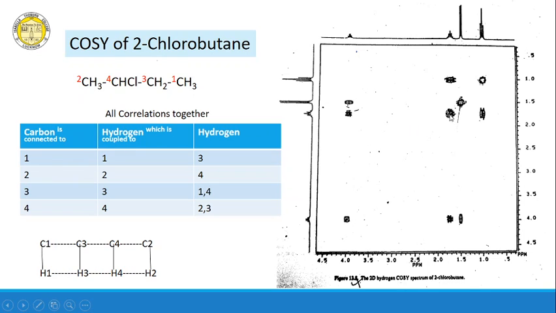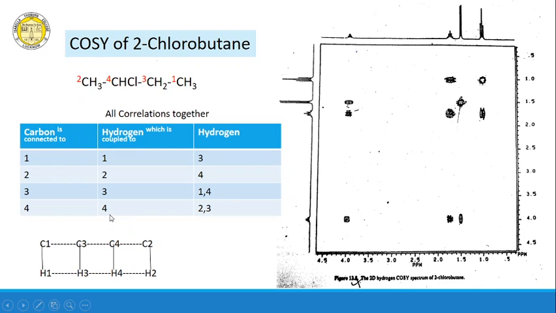And I can also see that the third proton, if I move this side, is also linked to the first proton. So the third proton is linked to the fourth proton, and also to the first proton, and that is what I have written here.